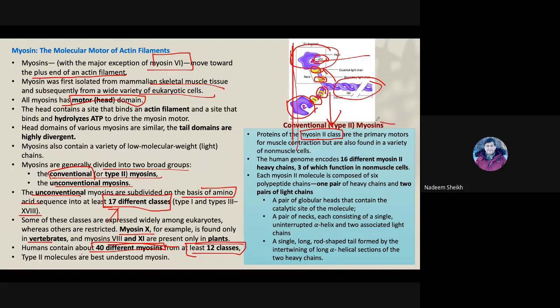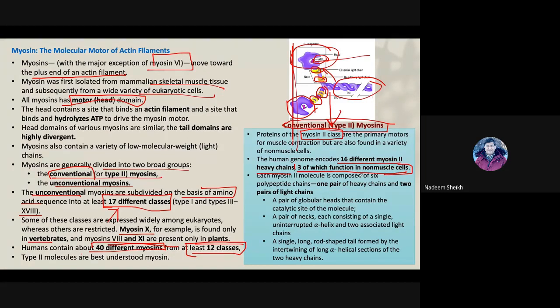When we come to the structure of this conventional or type 2 myosin, there are 16 different myosin heavy chains, three of which function in non-muscle cells. That means 13 are related to muscle contraction, and the rest of the three are not related to muscle contraction; they work somewhere else.